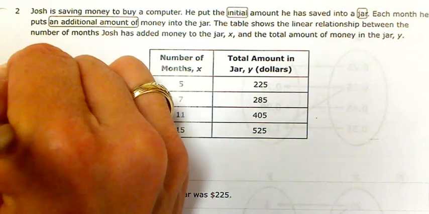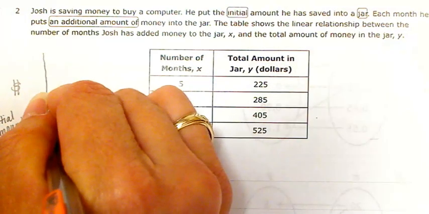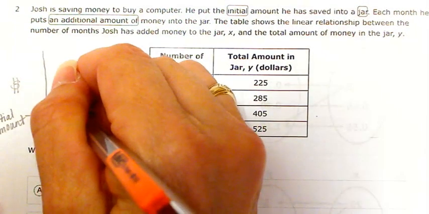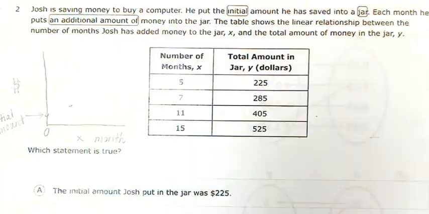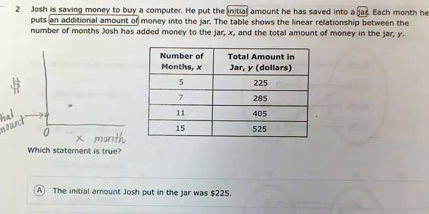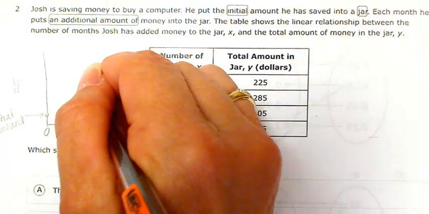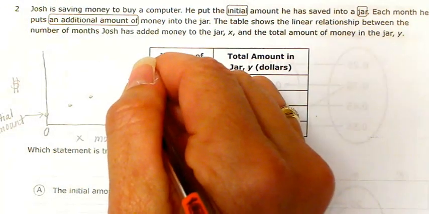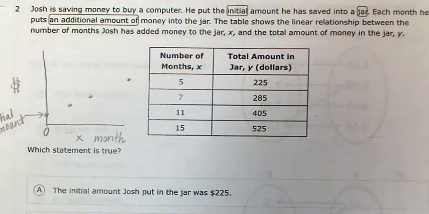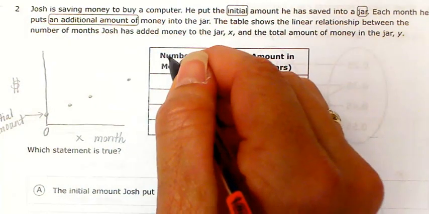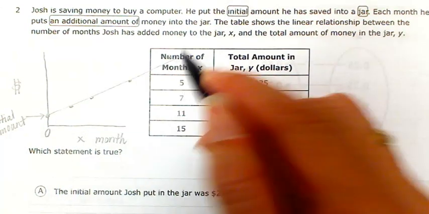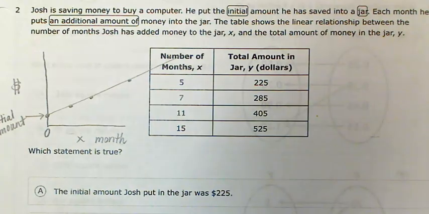We don't know what that is, but that's at time is 0 months, okay? And then, like at 5 months, he had $225. And at 7 months, he had $285. And at 11 months, he had $405. And at 15 months, way over here, he had whatever, okay? So it creates this linear graph.